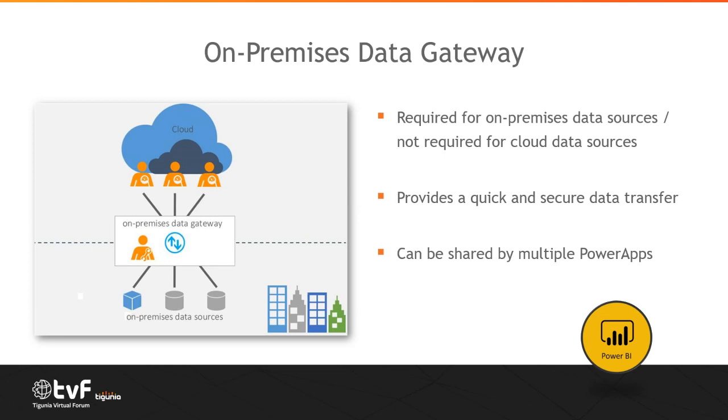One of the neat things about the on-premises data gateway is that it can be used by multiple Power Apps. So yeah, we're going to be using it for Power BI, but if you haven't heard of Power Automate or Power Flow or any of the Power Apps, definitely look into those. We have some sessions by Ron yesterday that went into those as well, and they're just very powerful.